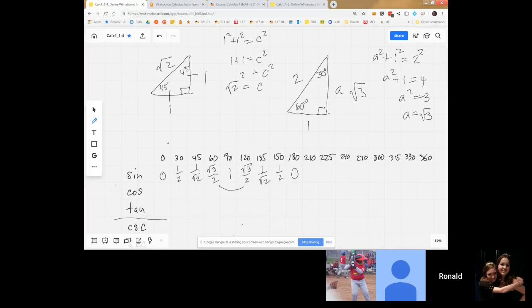Okay, so now we go into the third quadrant. The sine of 210 is a 30-degree angle in the third quadrant. How far is it from the x-axis? 30. So the sine of 30 is 1 over 2, but because we're in the third quadrant, that's got to be a negative. 225 is a 45-degree angle in the third quadrant. 45, 1 over the square root of 2.